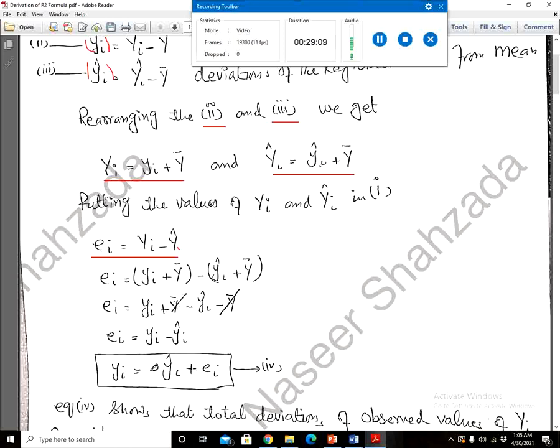This y mean and minus y mean have cancelled, and we have the residual that ei is equal to small yi minus small yi cap, and that is the basic equation.